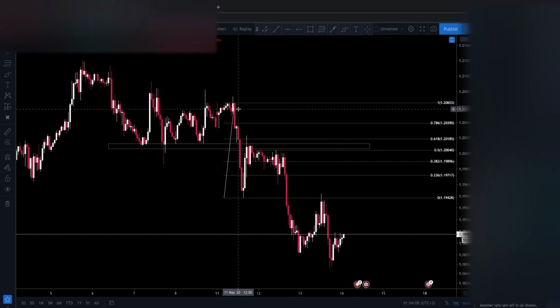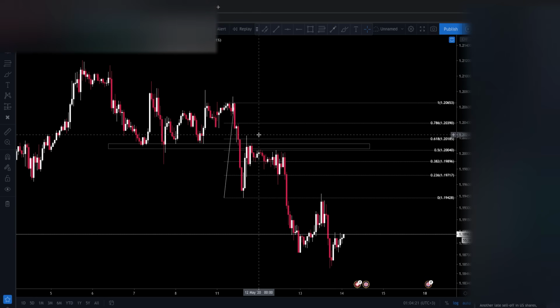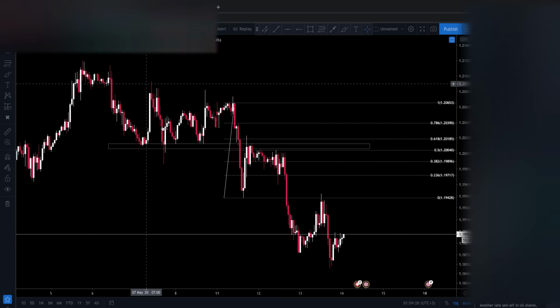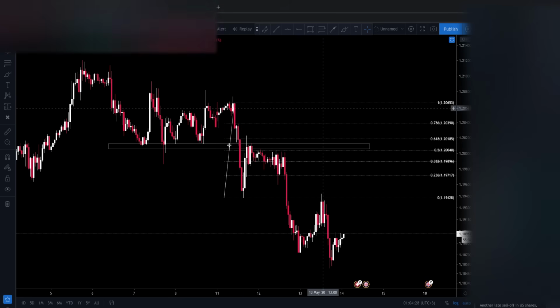Now, what are we going to look for? Remember, we're in a downtrend, so we are only going to be looking for sells. Let the market come up to retest this broken structure that was previously acting as a support and will now act as a resistance. That's confirmation number one. Confirmation number two is that we are in a downtrend. Confirmation number three will be our Fibonacci retracement.